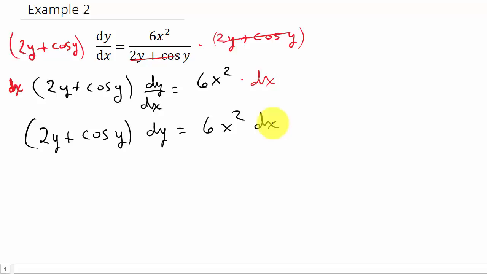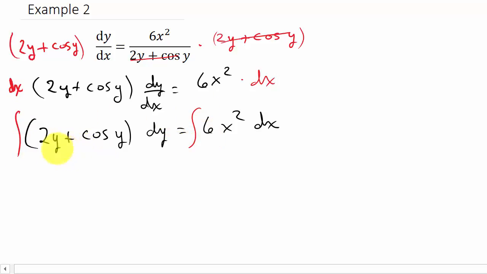Now you can see all the y terms are with the dy and all the x terms are with the dx. So now to solve this, I'm just going to integrate both sides.